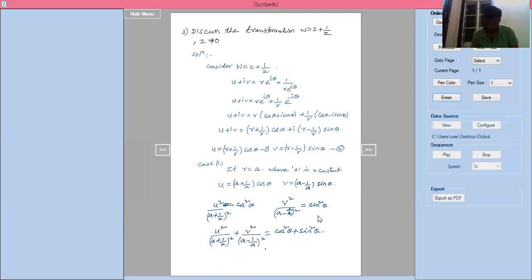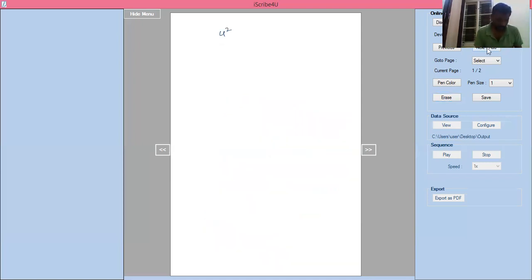So u square divided by a plus 1 by a whole square plus v square divided by a minus 1 by a whole square equals 1, which is of the form u square by A square plus v square by B square equal to 1.